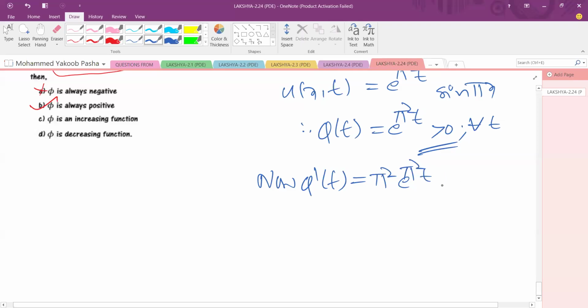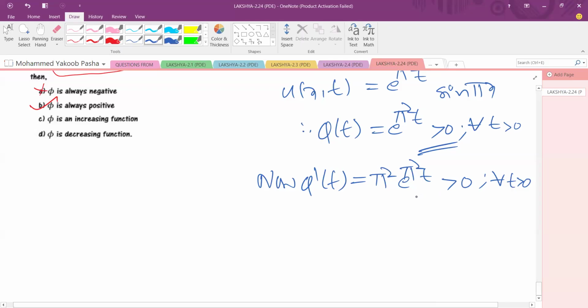Is it positive or negative? This is again positive for all t greater than 0, where t is the time. So φ'(t) greater than 0 means increasing or decreasing? Increasing.